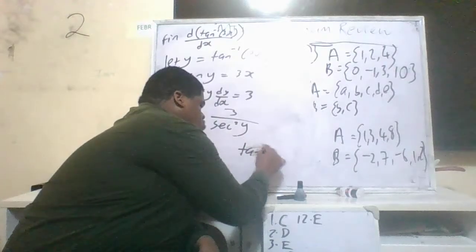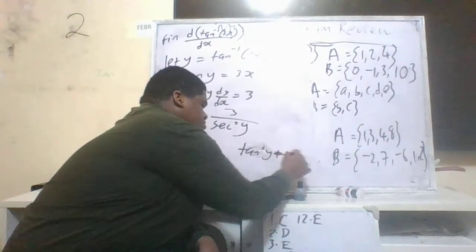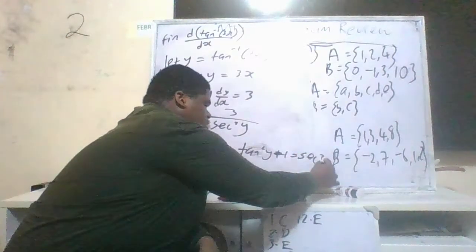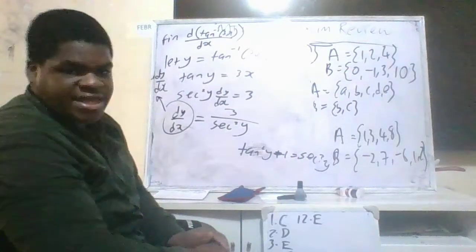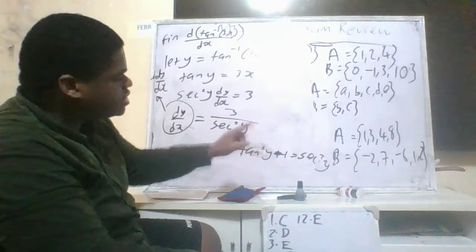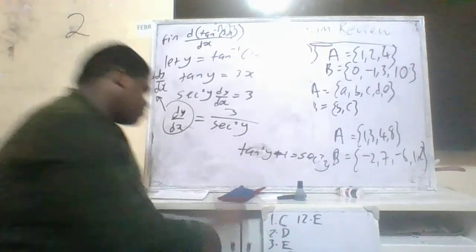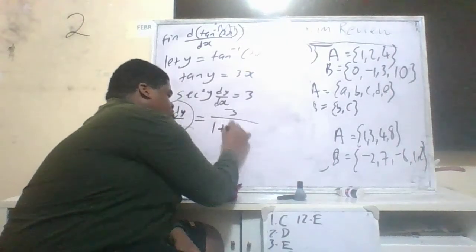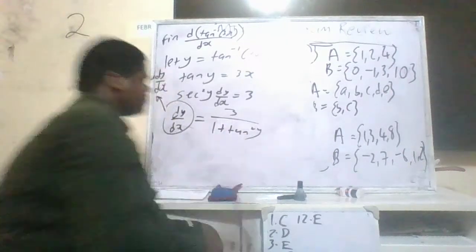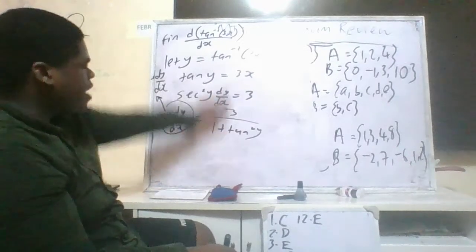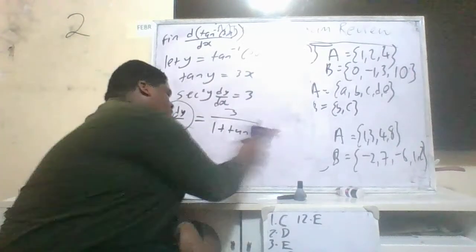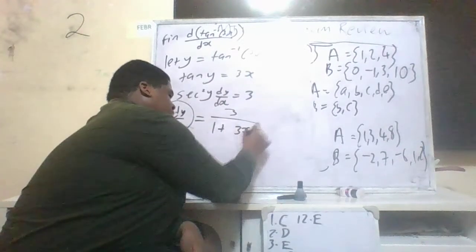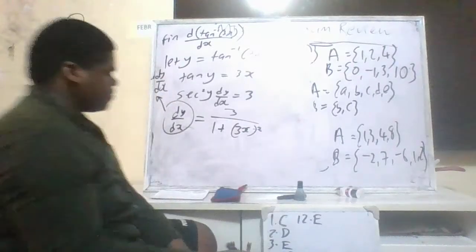Remember that tan square y plus 1 is equal to sec square y. Don't forget that. That means sec square y is equal to 1 plus tan square y. And tan y is equal to 3x, so tan square y is equal to 3x all squared.